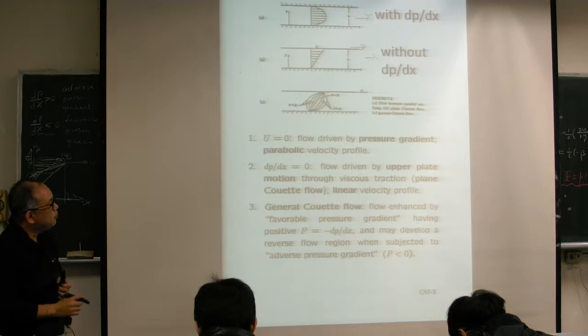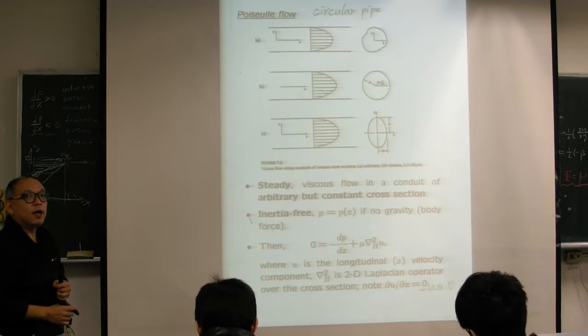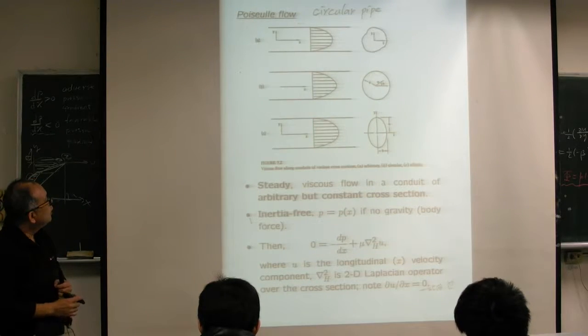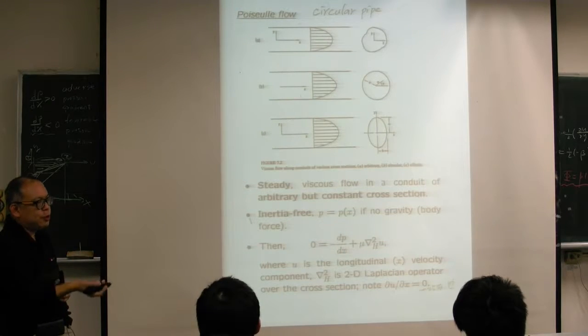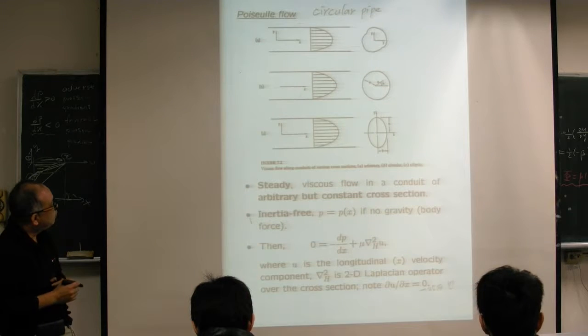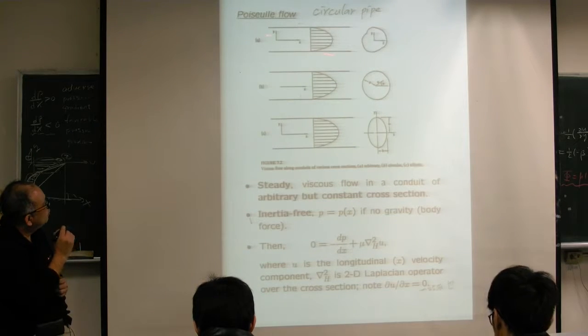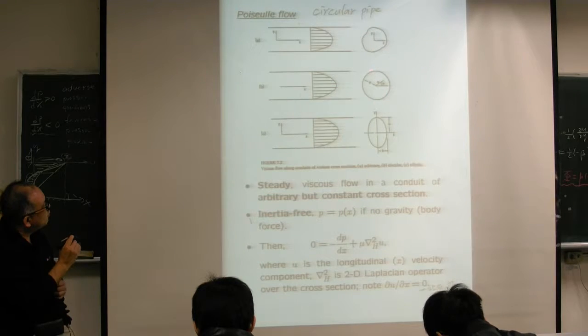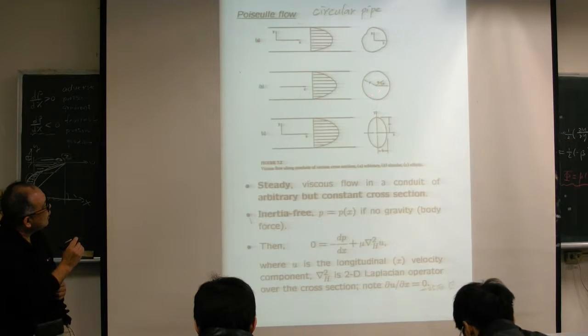Very simple example, one of the exact solutions we have found. Second, Poiseuille flow. Poiseuille flow is the flow within a pipe. You can have arbitrary geometry: circular, elliptical, any kind of flow inside this tube. We will try to find the velocity field inside this tube.